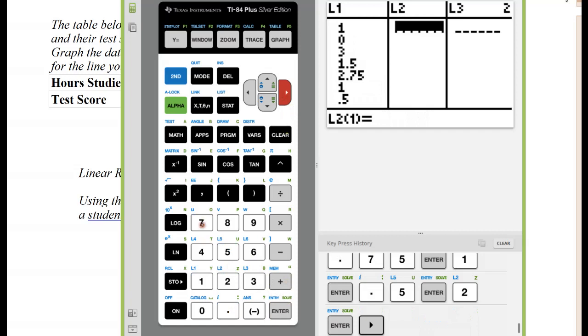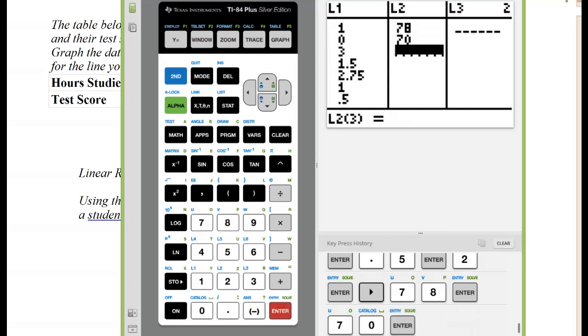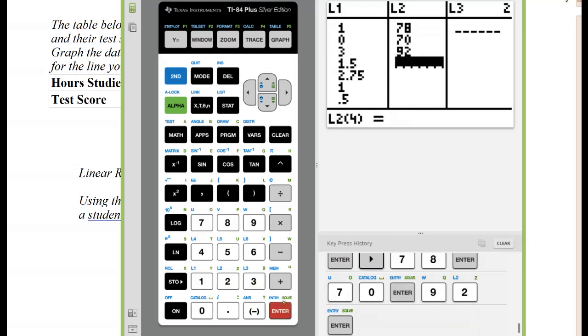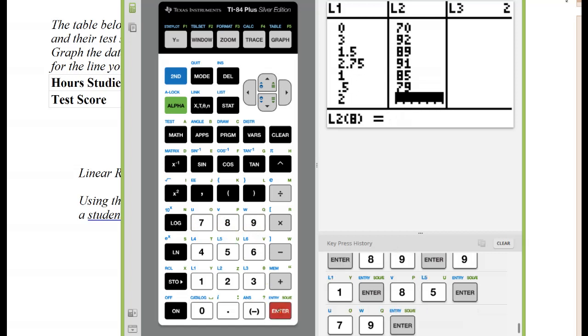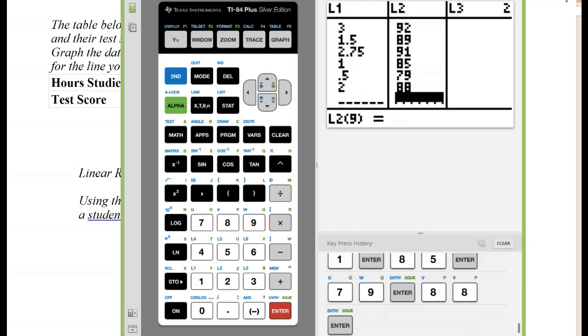And then test score: 78, 70, 92, 89. Calculator slow, so bear with me as I'm plugging it in. All right, now they're finally all in there.